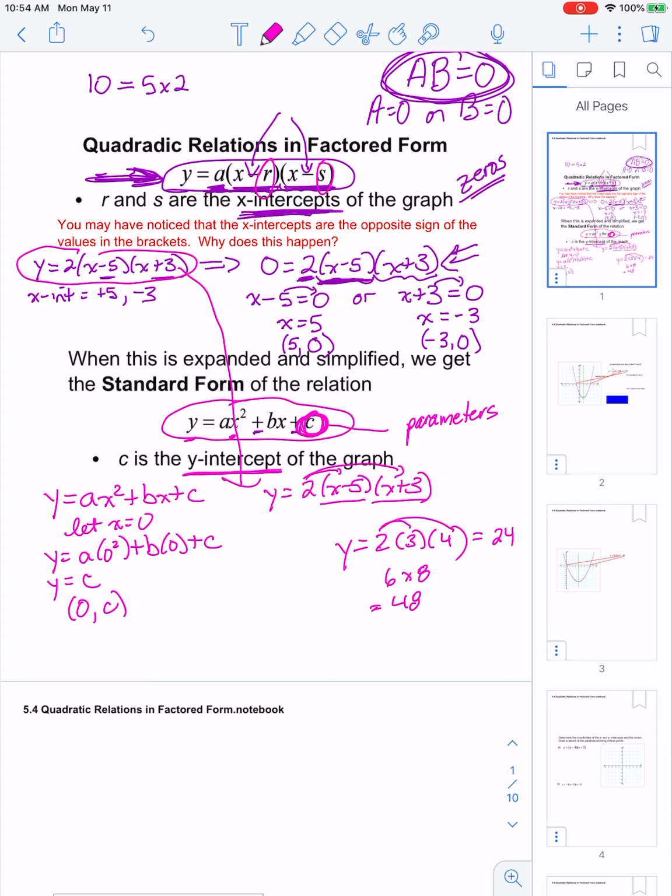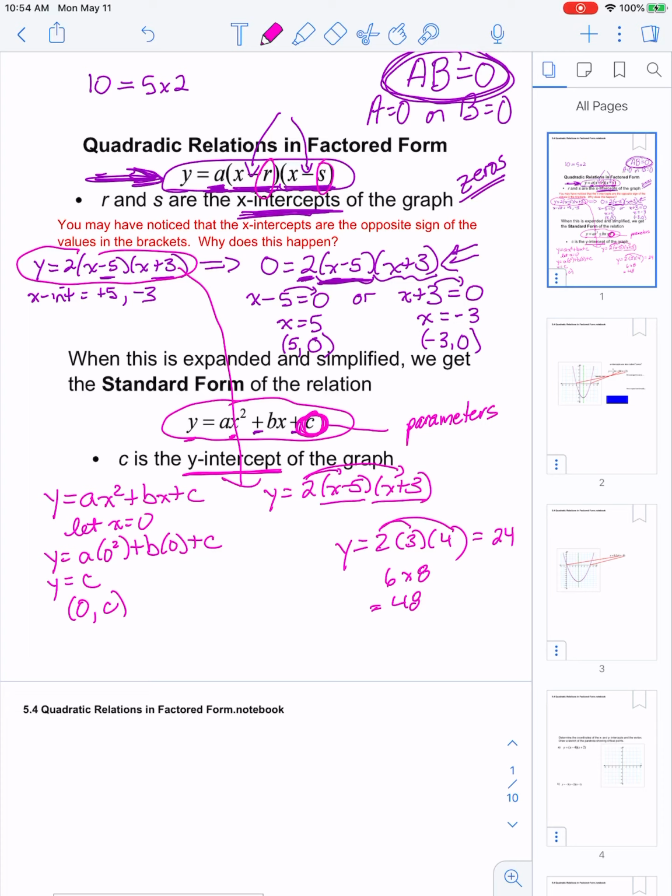If we have the equation in this factored form up here, then the other way to find the y-intercept is to simply let x equal 0. So you're going to get y equals 2 times (0 minus 5) times (0 plus 3), which equals 2 times negative 5 times 3. 2 times negative 5 is negative 10, times 3 is negative 30.